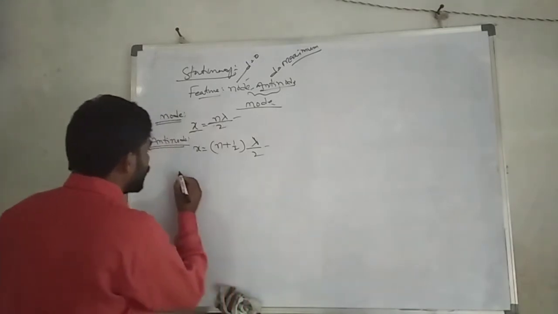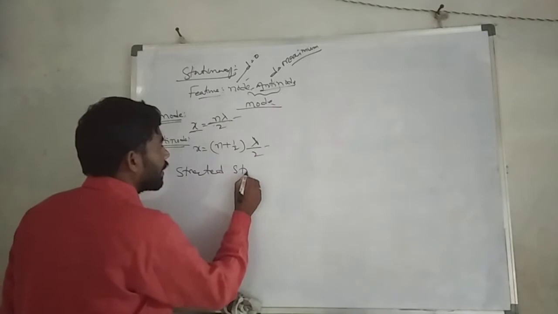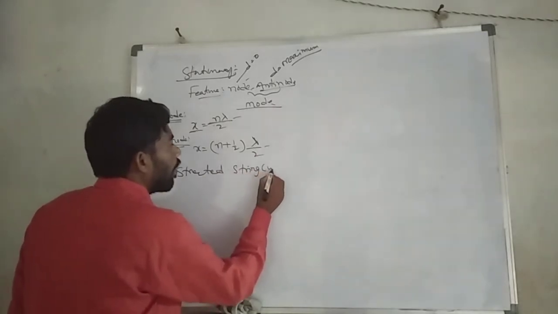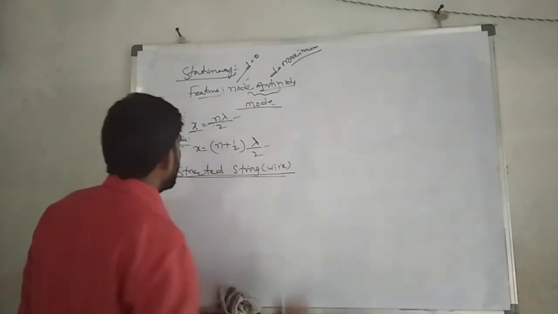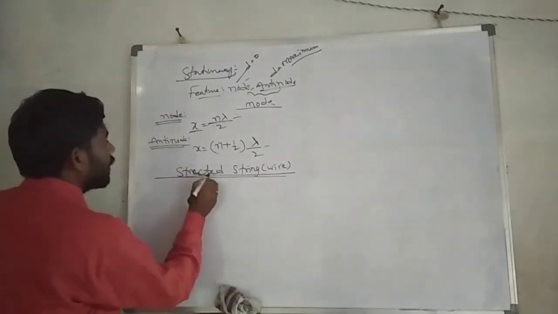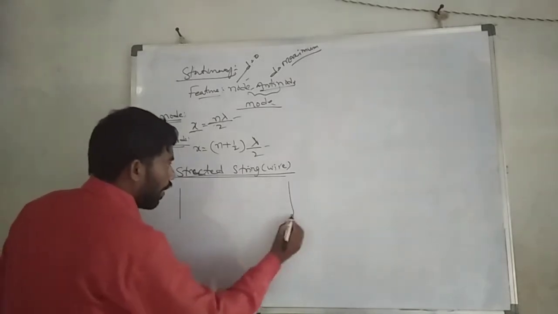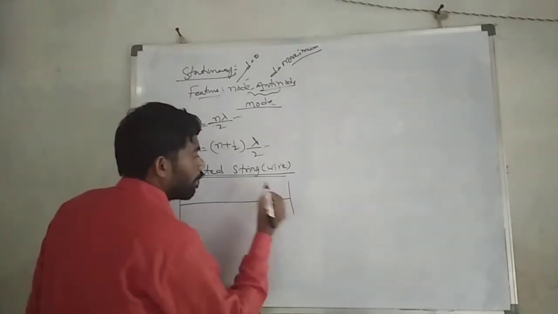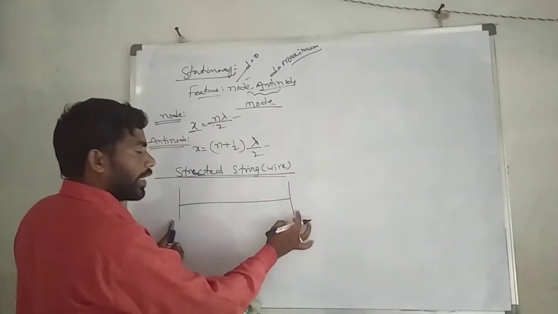Then take a stretched string or wire as an example. For example, a wire is bounded or fixed between two boundaries.